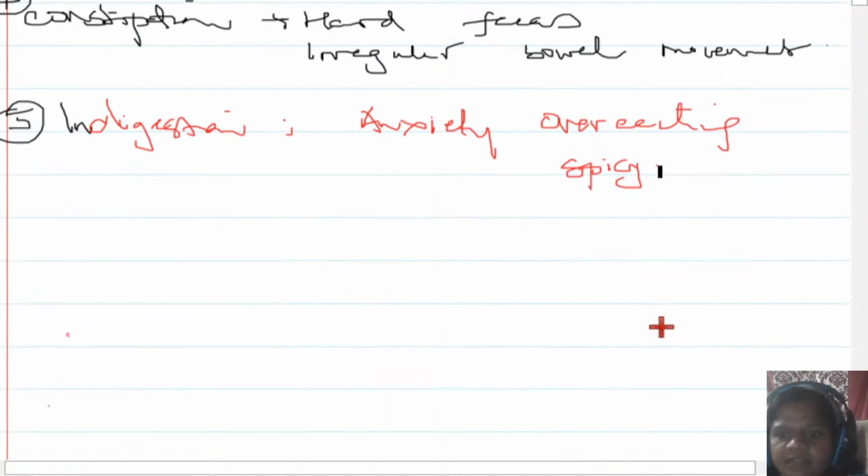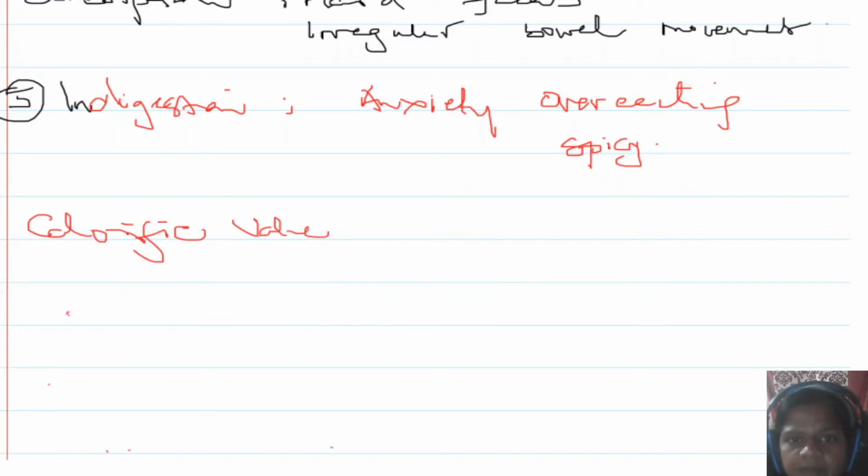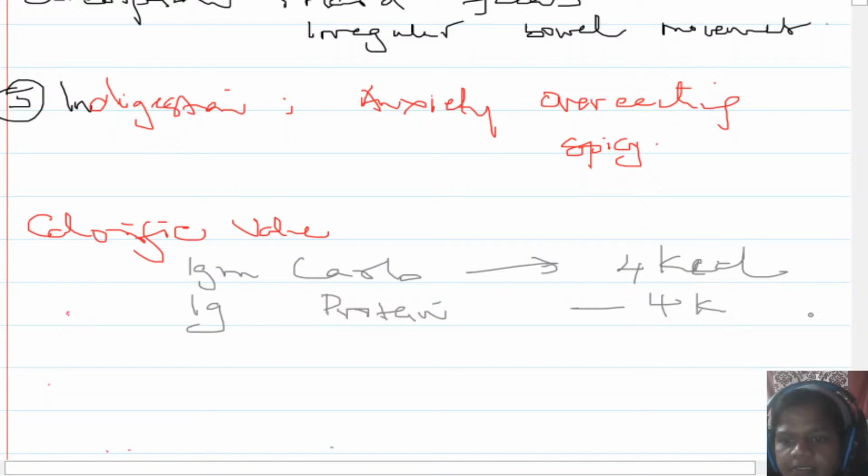And one last thing that we need to understand before we close this chapter is the calorific value. 1 gram of carbohydrate produces 4 kilocalories. 1 gram of protein gives you 4 kilocalories, and 1 gram of fat gives you 9 kilocalories.